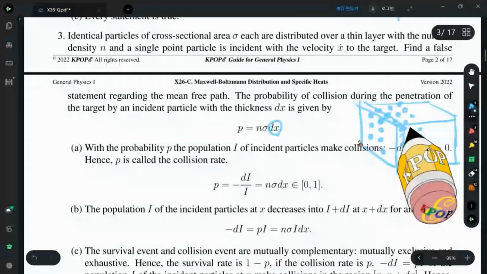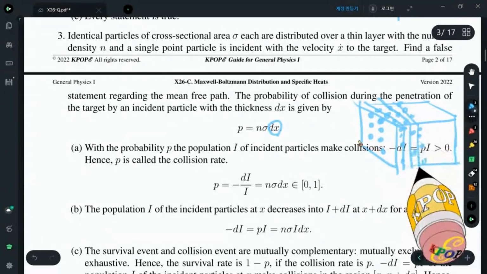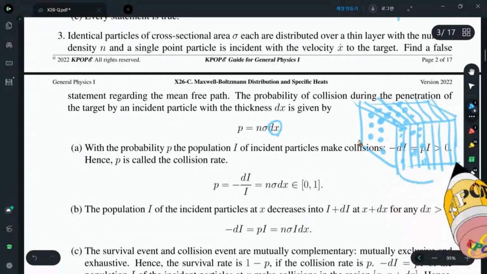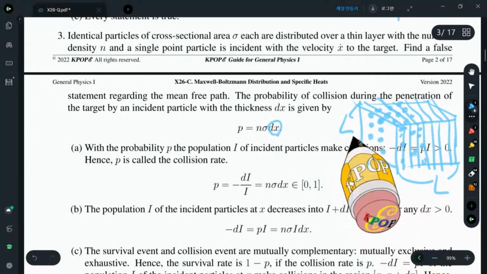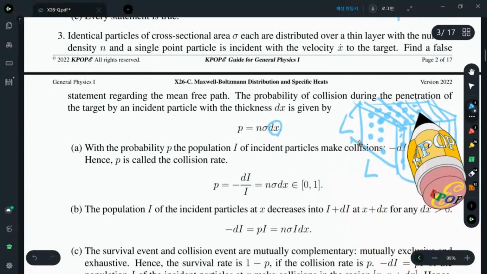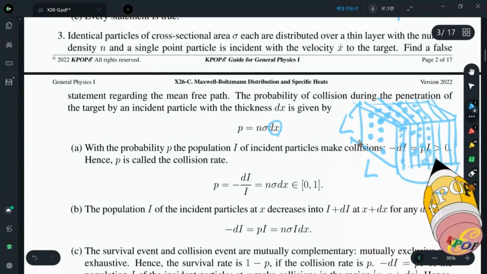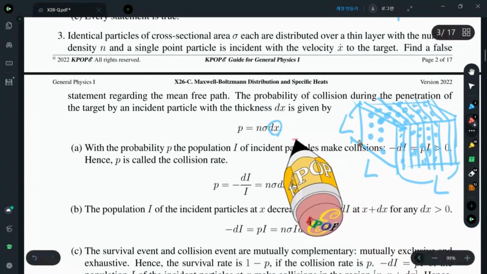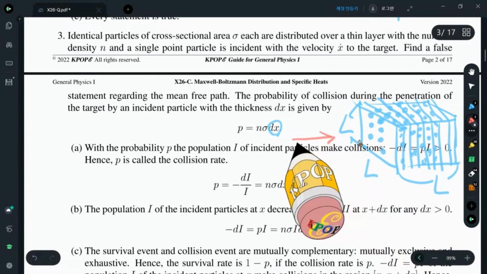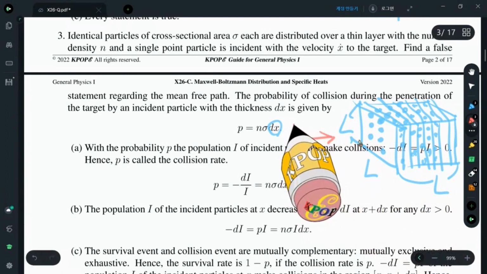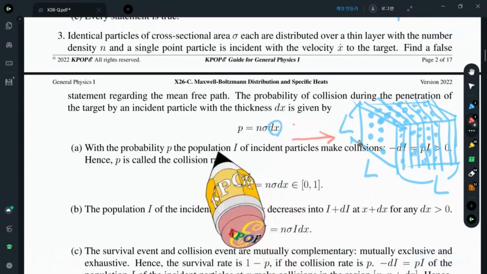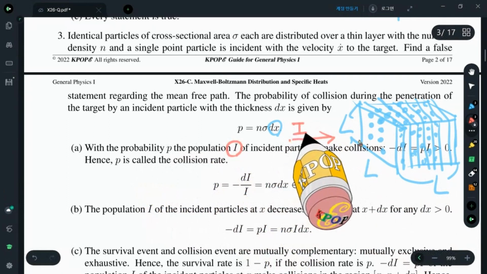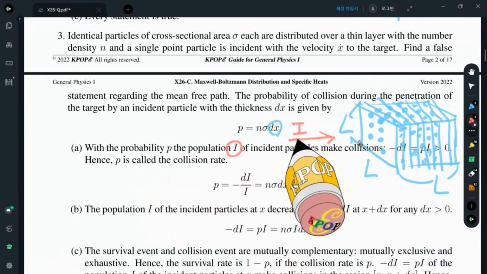But after increasing dx by 2dx and integrating over the whole region, they can make a multiple collision, for example. So why don't we increase the number of particles? This is a population. Let me call it I, and actually this is intensity.